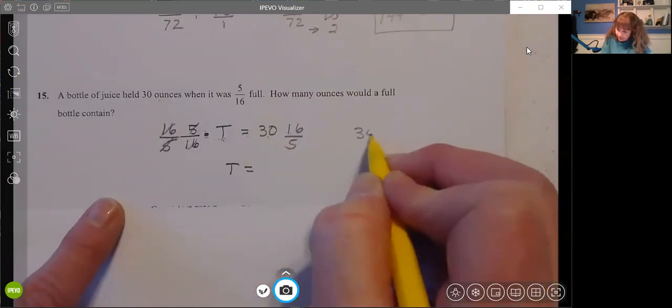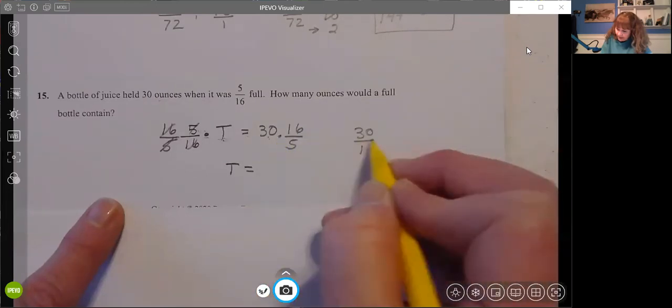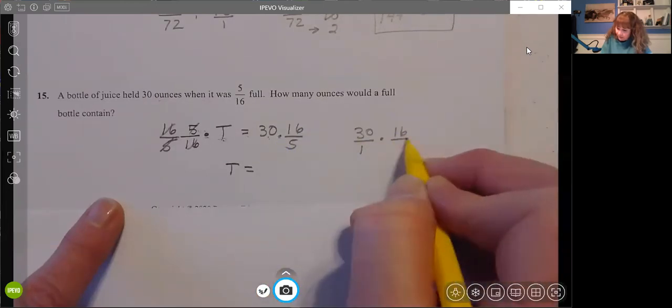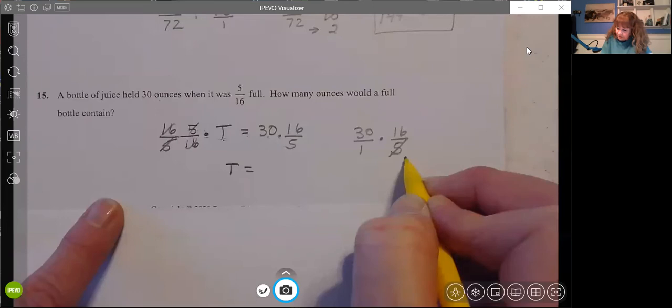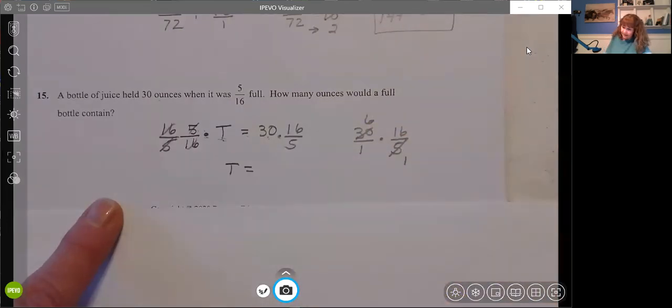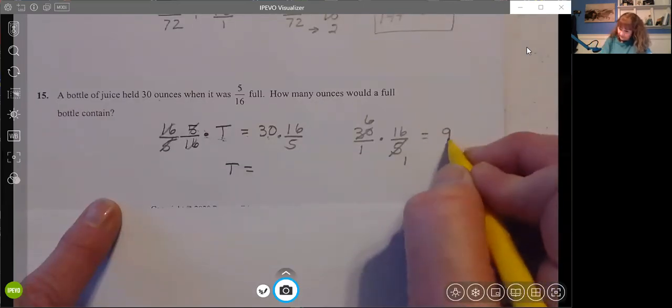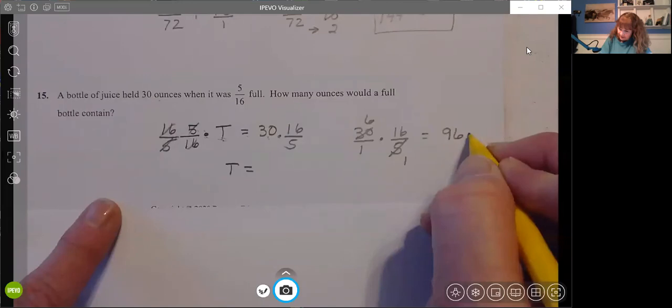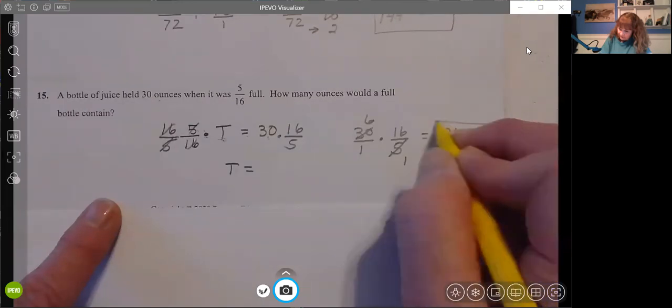Let's go 30 over 1 times 16 over 5. 5 goes into 30 and into 5 goes into 16. So that comes out to be 96 ounces.